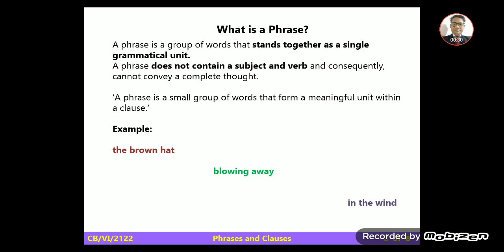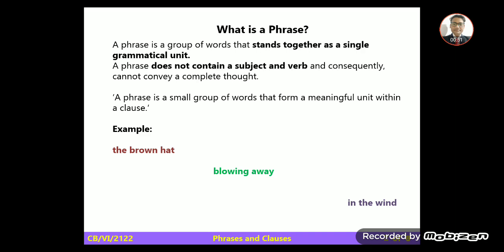A phrase is a group of words that stands together as a single grammatical unit. A phrase does not contain a subject and verb and consequently cannot convey a complete thought. It means a phrase is a group of words.